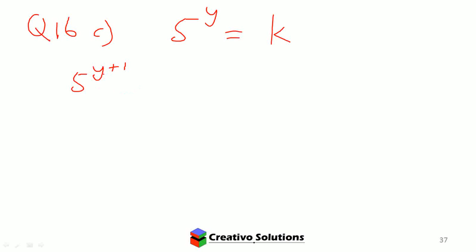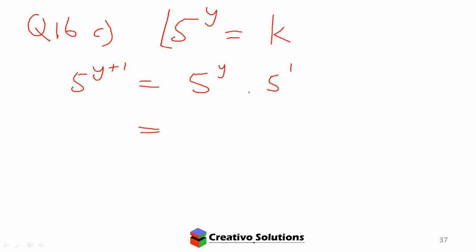So I need to expand this. When I see 5 to the power y plus 1, this basically means I've got 5 to the y times 5 to the power 1, because remember the rule for exponents means that we need to add. So I could add up those two exponents. I would then have y plus 1 as an exponent.